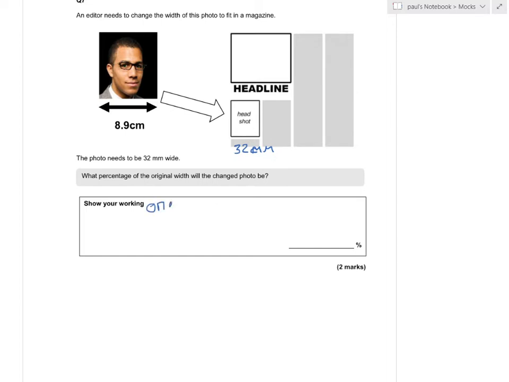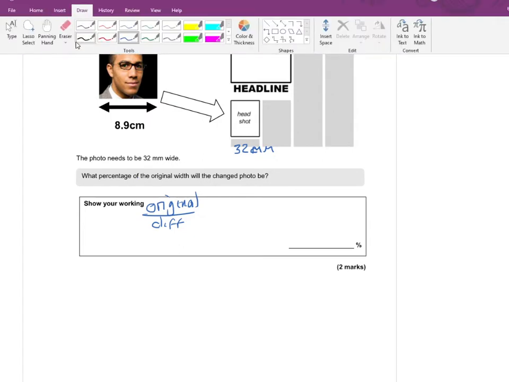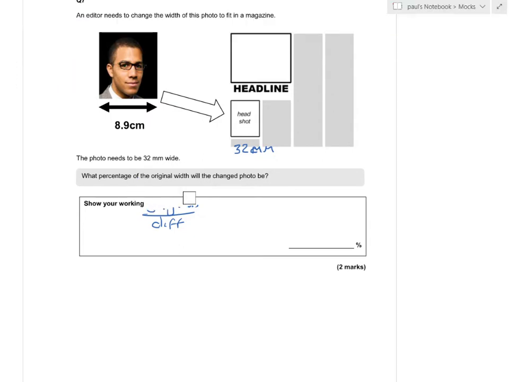So is it the original over the difference? Oh, difference over the original. Yeah, I think it's the other way around. Difference over the original. I've forgotten that. So let's put difference over the original times by 100.